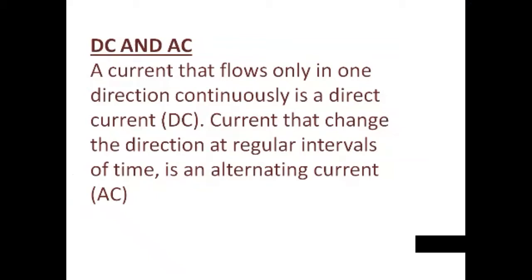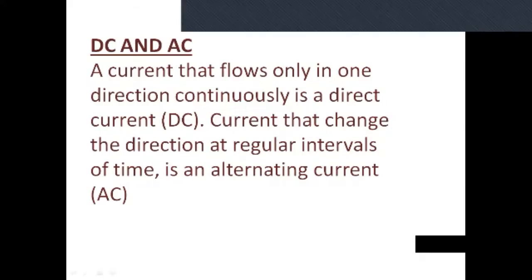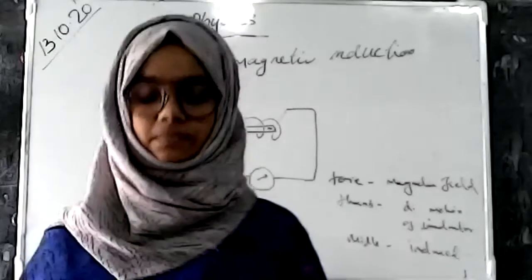So when induced EMF is produced and the induced current flows in one direction, that current is direct current. When the direction of the produced current changes at a regular interval, we say it is an alternating current. So I think all of you understand what DC and AC are.